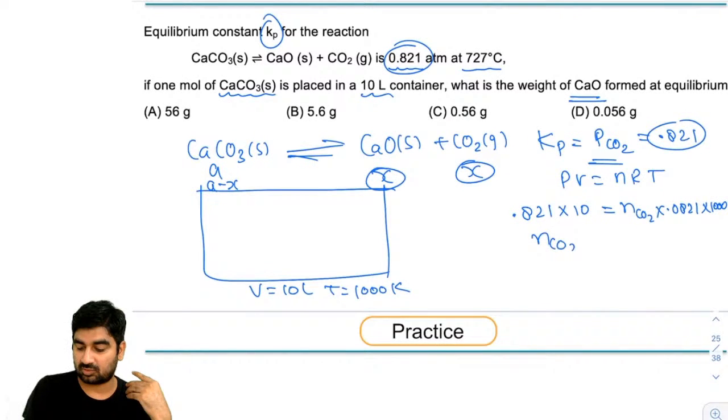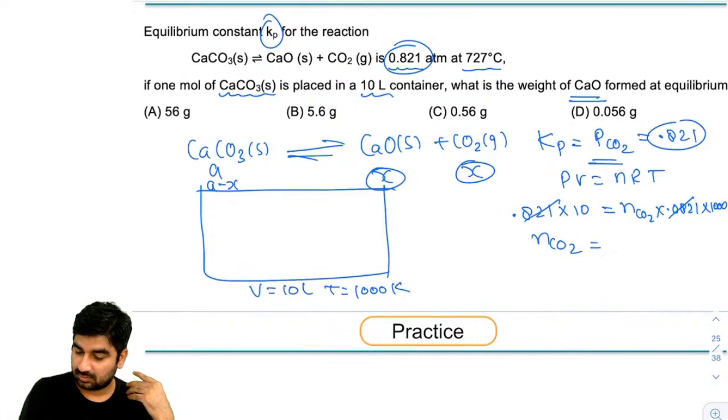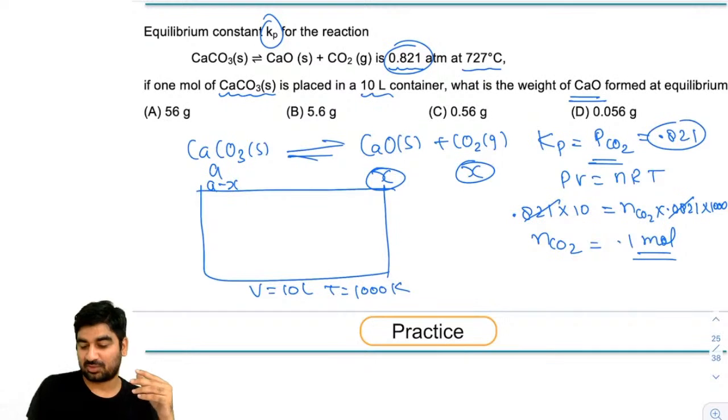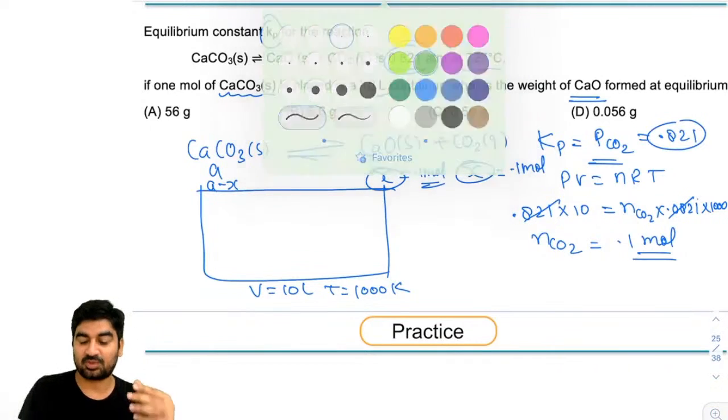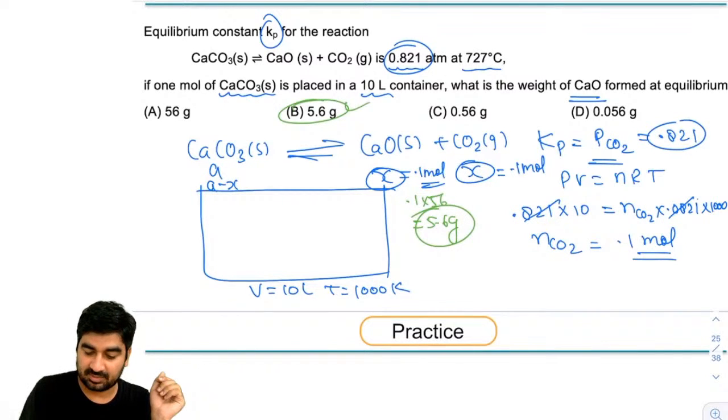So moles of CO2 you will be getting, just cancel it out, guys, 0.1 mole. If moles of CO2 are 0.1 mole, guys, then moles of CO will also be 0.1 mole. And if moles of CO are 0.1, so 0.1 into 56, you will be getting 5.6 gram. So 5.6 gram is this.